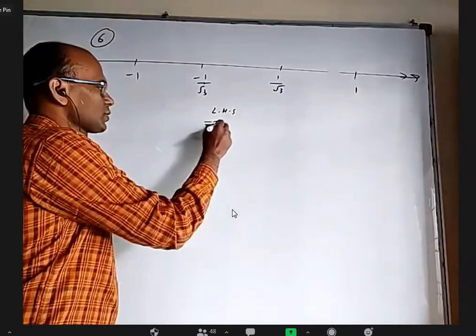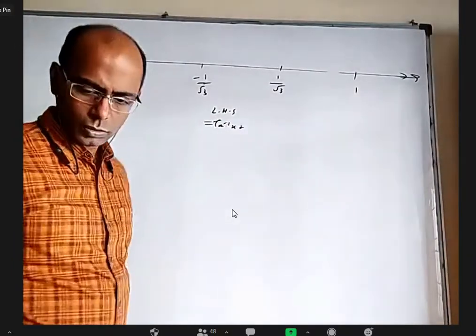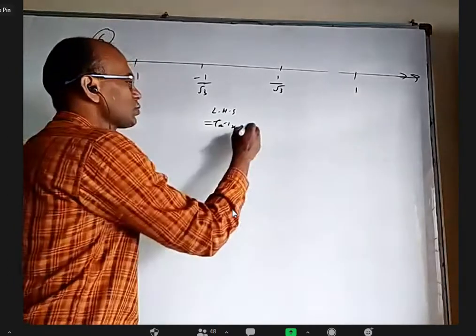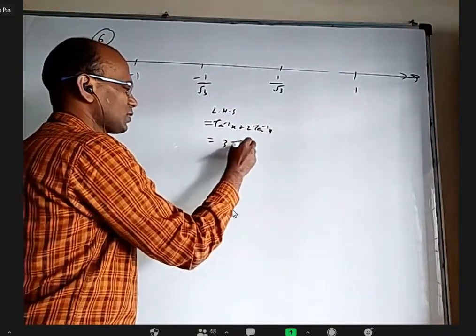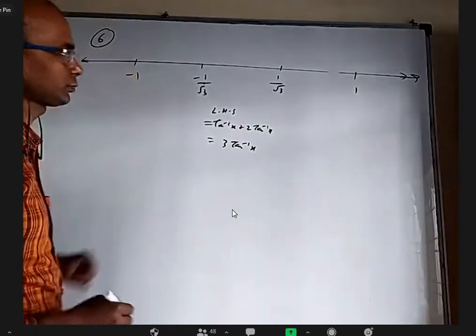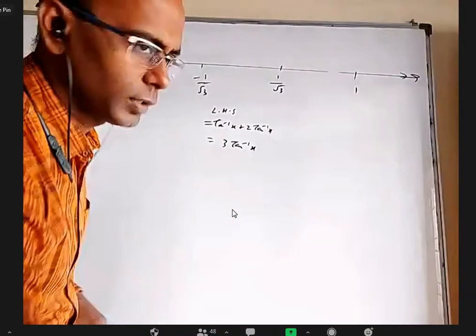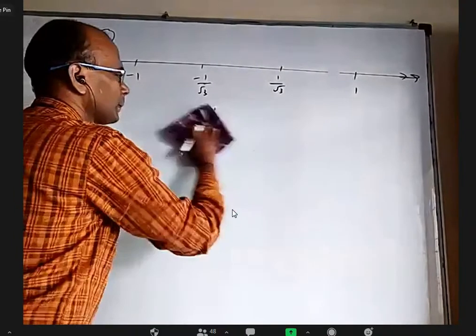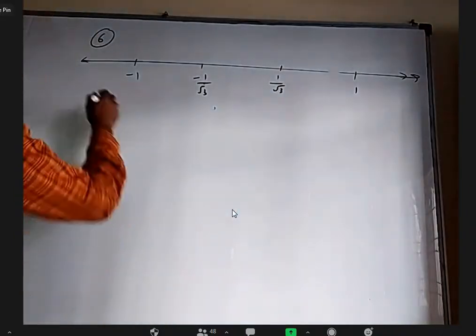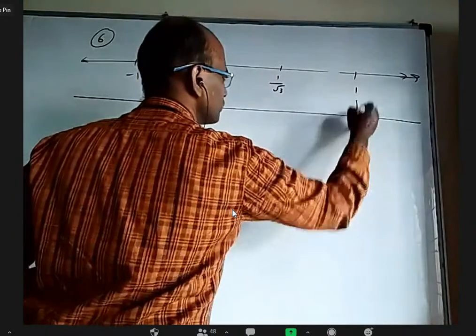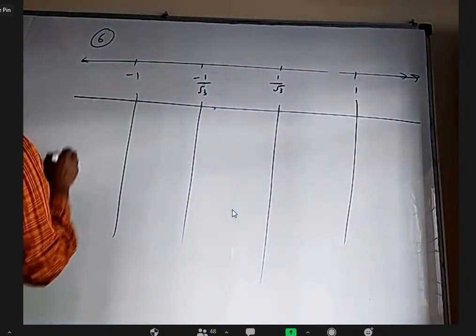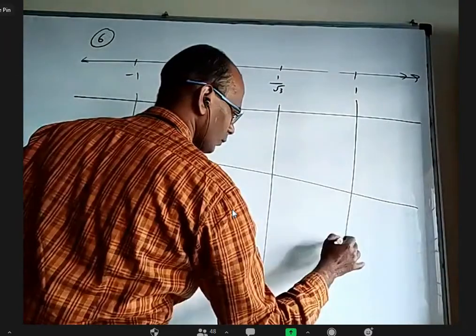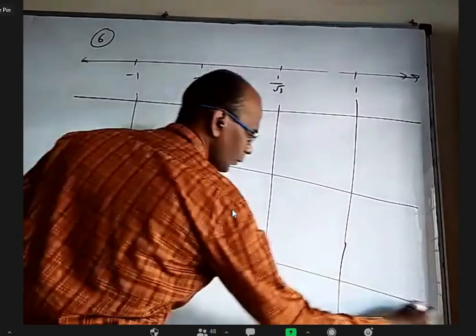tan inverse x plus tan inverse 2x by 1 minus x square is also 2 tan inverse x. No cases here. Directly it is 3 tan inverse x. Maybe I can even write some slightly different here. Okay.